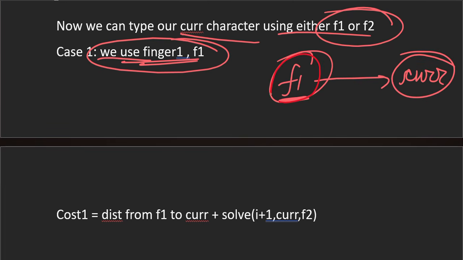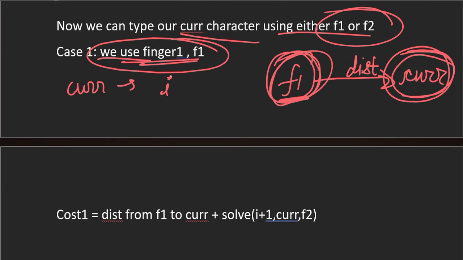So earlier it is at F1 character, now we have to shift it at current character. So whatever distance that we have taken to shift F1 to current character, now our current character is at index number I. So to type that the cost is distance.